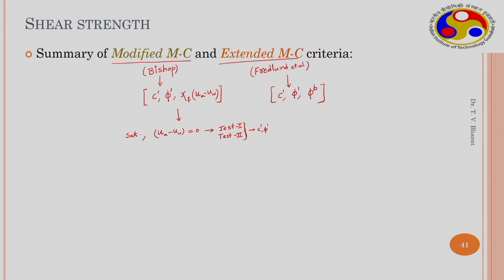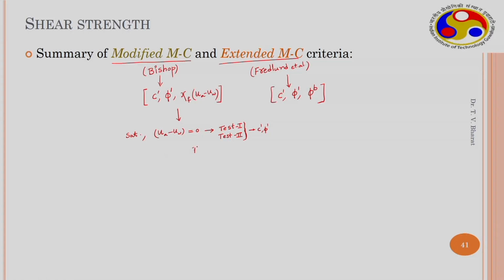If you have sand, then anyway the cohesion intercept does not exist at saturated state, so one test data would be sufficient. And then you need to conduct a series of tests, test 3, 4, like that, a series of test data to obtain the values of xi f. Xi f in this case is 1, but in other cases xi f needs to be estimated.